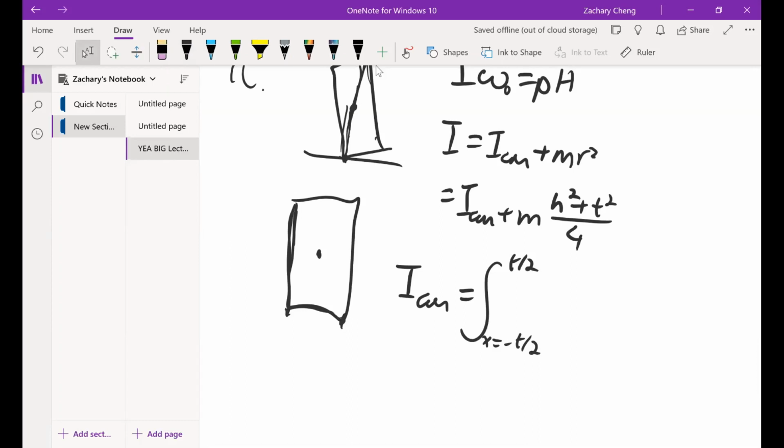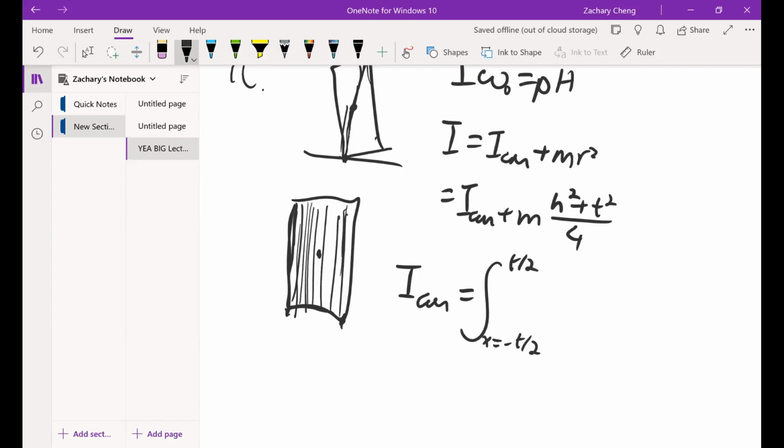And when we rotate, we don't have to look at it three-dimensionally. It's basically just two-dimensional when we're calculating the moment of inertia here. And so basically, it's just a bunch of thin rods like this.